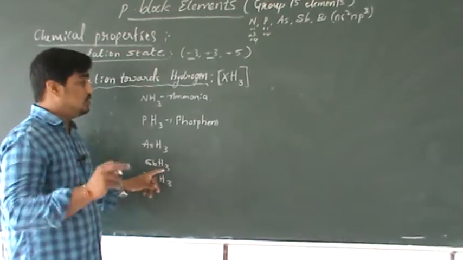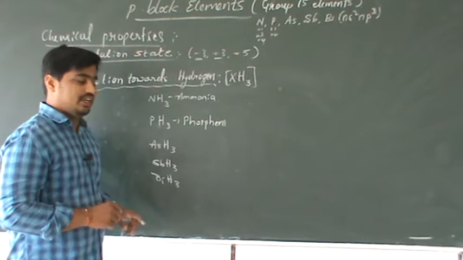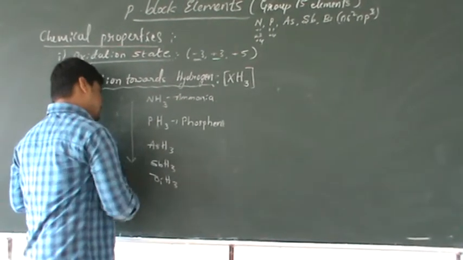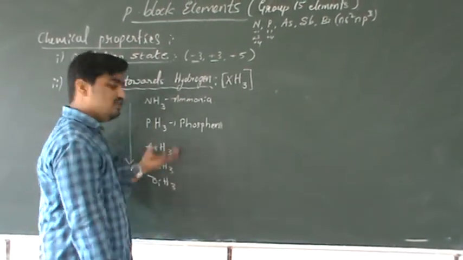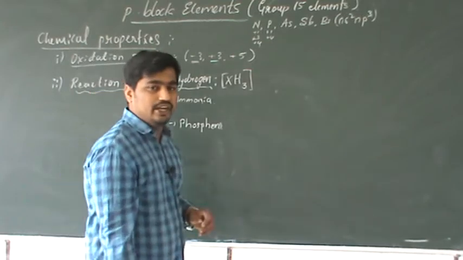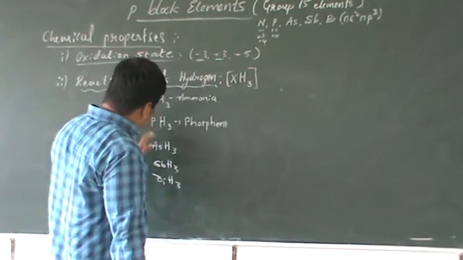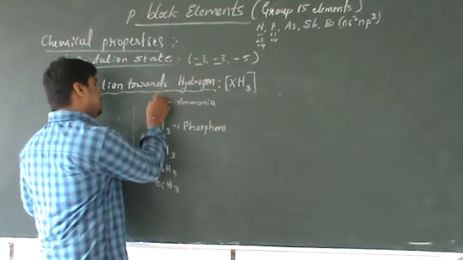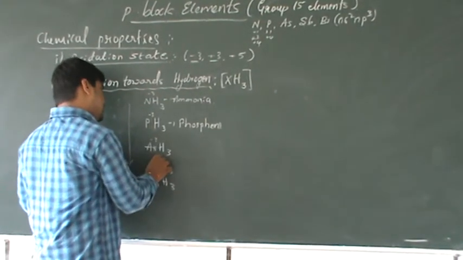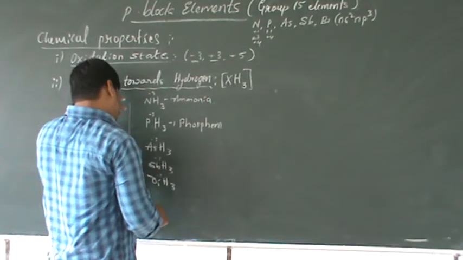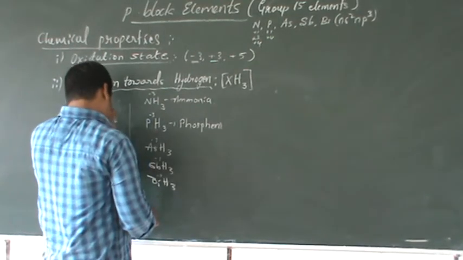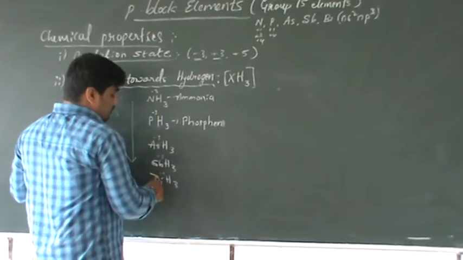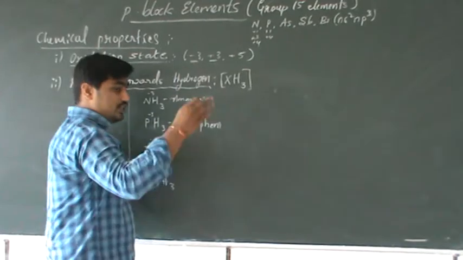We know that the minus oxidation state decreases as we move down the group. Whenever these elements form hydrides with hydrogen, they always show -3, correct? When they show the minus oxidation state, -3, -3, -3, it decreases down the group.